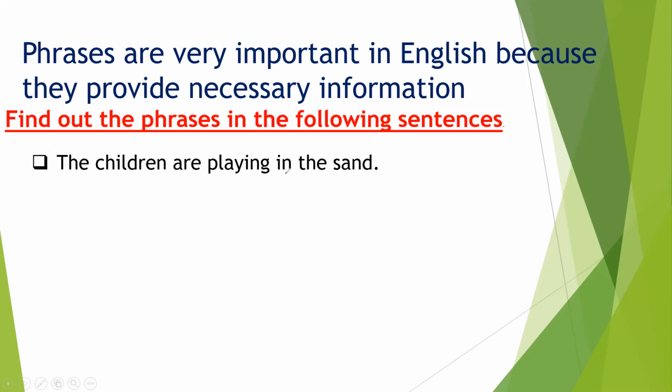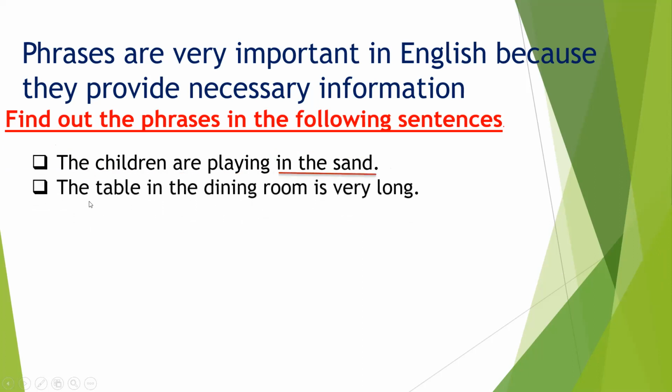What's more than that, in the sand, is a prepositional phrase. What's a prepositional phrase? It's a group of words that don't have a subject and verb, and it starts with a preposition. That's why we call it a prepositional phrase. Like we took before, an adverbial phrase, very quickly. Also, like in the morning, it's a prepositional adverbial phrase of time, and so on. Moving on. So in the sand is the phrase.